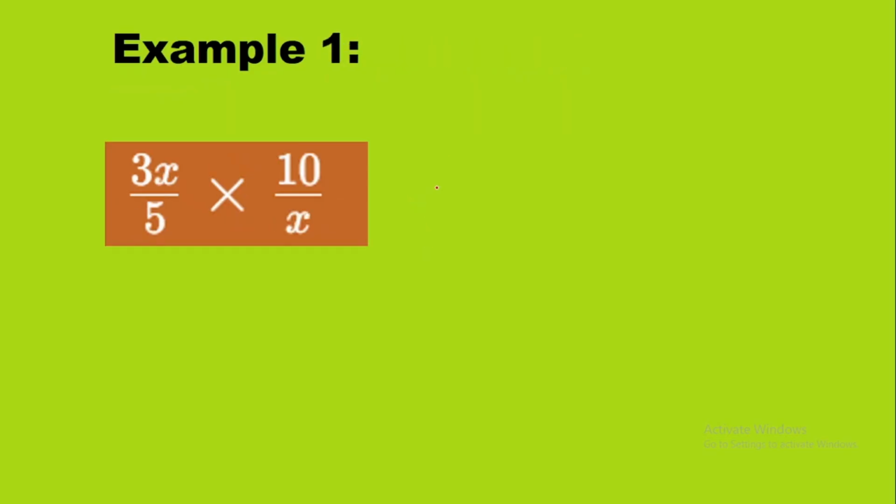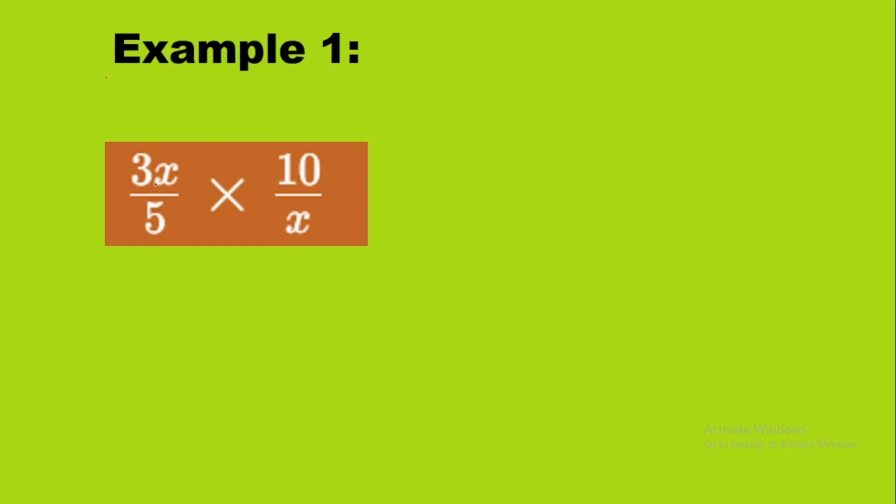Okay, so let's look at our first example right here. This is an algebraic fraction because if you look, we don't just have numbers, we have a letter, and the letter in this fraction is x. So this is no longer considered an ordinary, regular fraction.